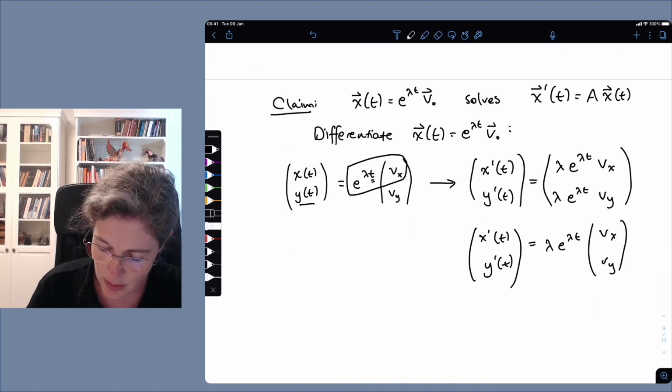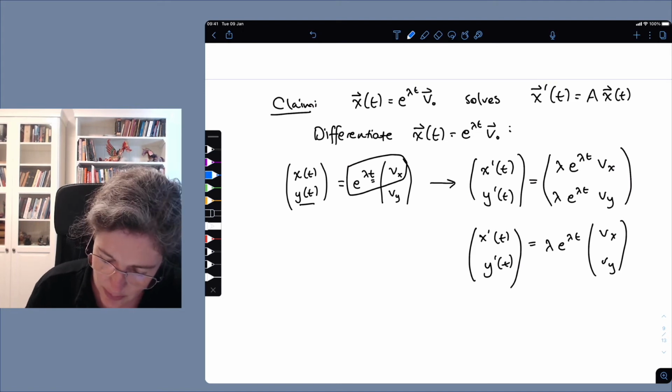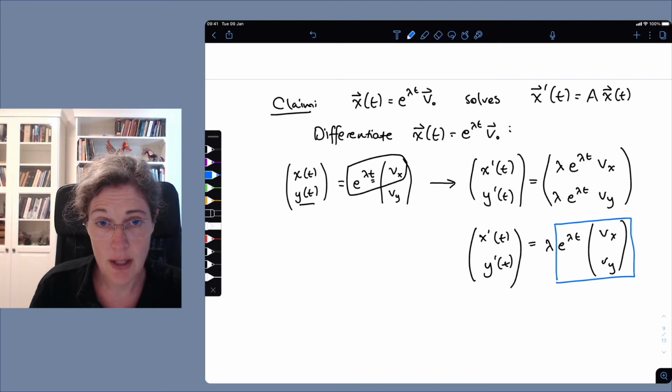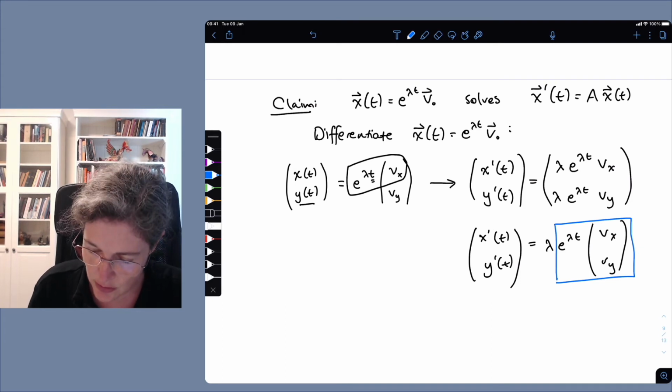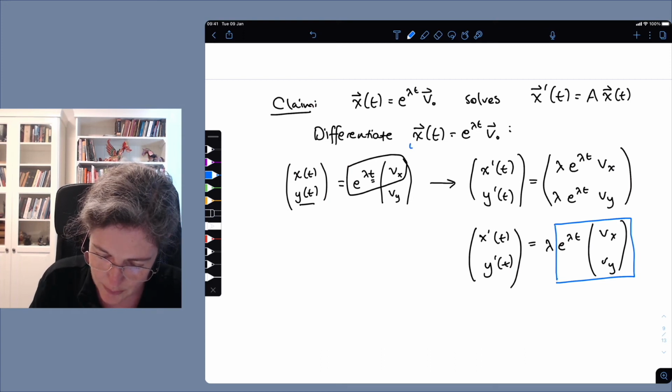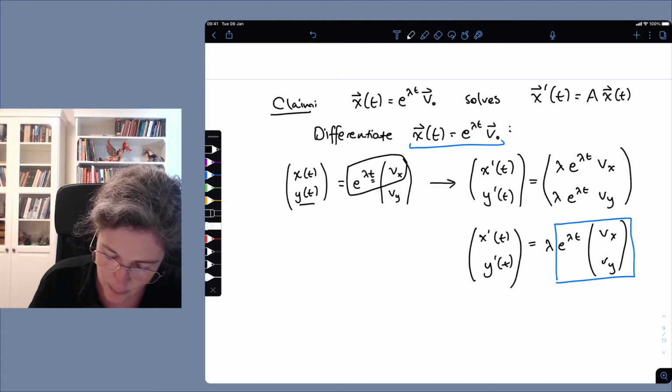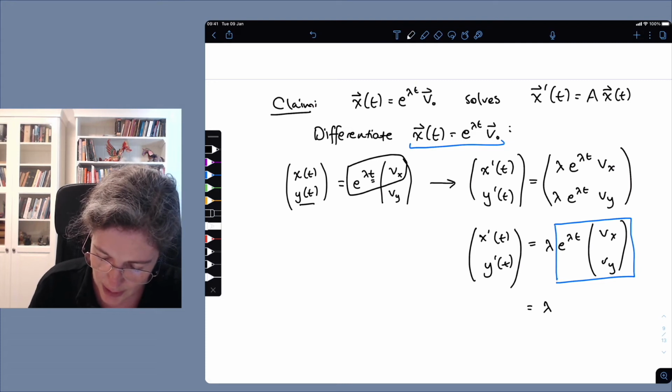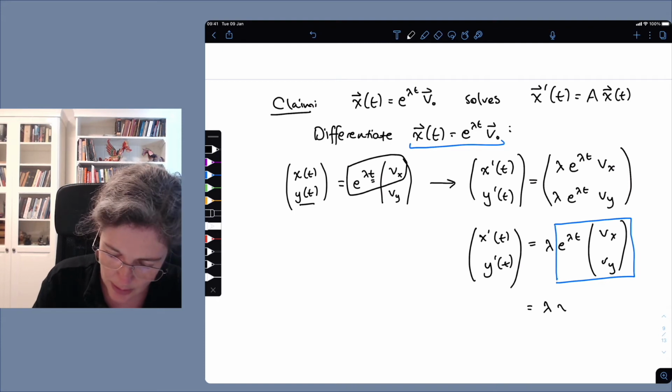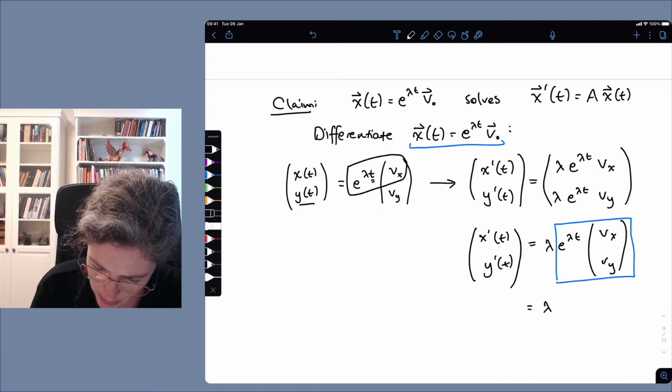But notice that this bit over here is just our original x of t. So this is in fact equal to lambda x of t.